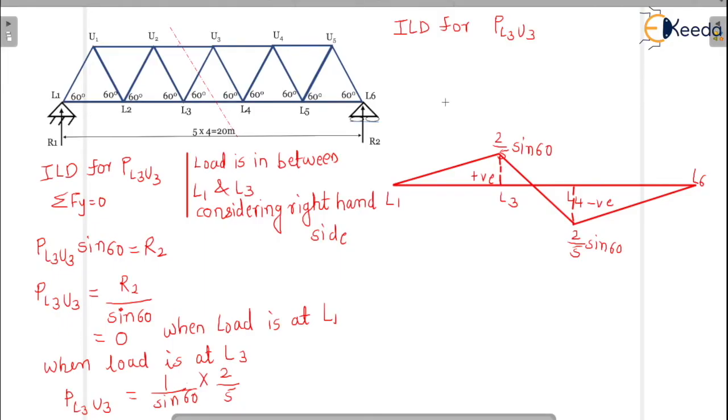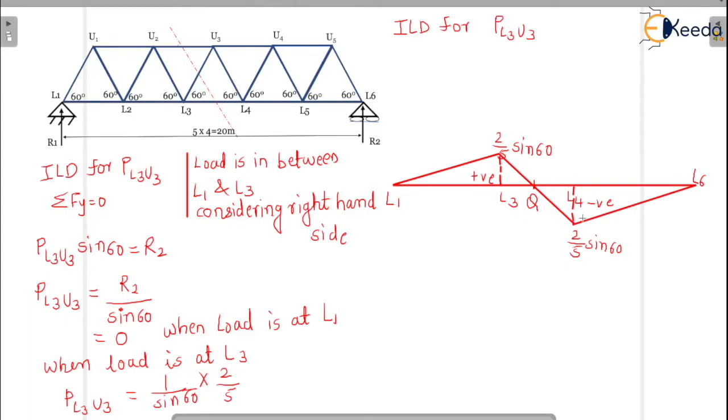Now let us consider any point Q at the mid span. Since the ordinates at L3 and L4 are the same, the maximum tensile force and compressive force are equal here.